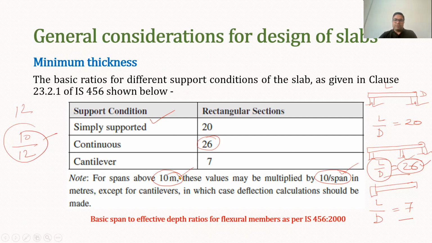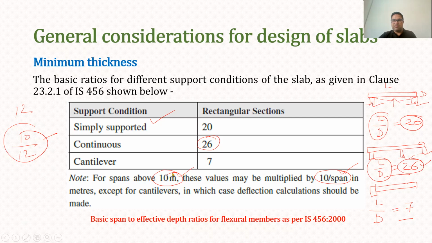Now this ratio is not directly what we implement to satisfy the deflection criteria, because our slab also has some reinforcement. The deflection in the slab is also affected by how much reinforcement we are providing in our slab.